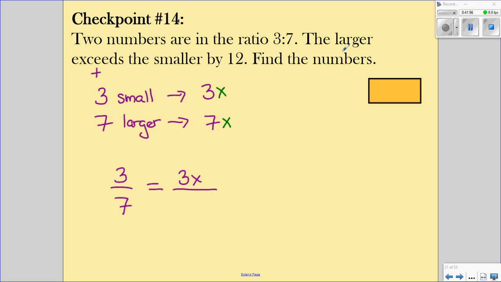So the larger exceeds the smaller by 12. So we're going to have 7x, plus 3x. Sorry, 12 plus 7x, 3x.